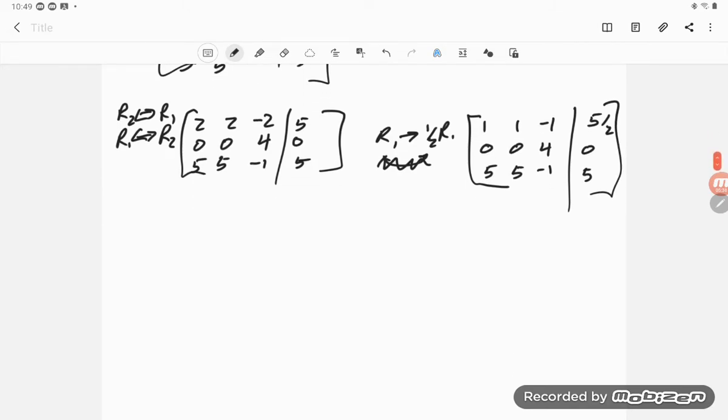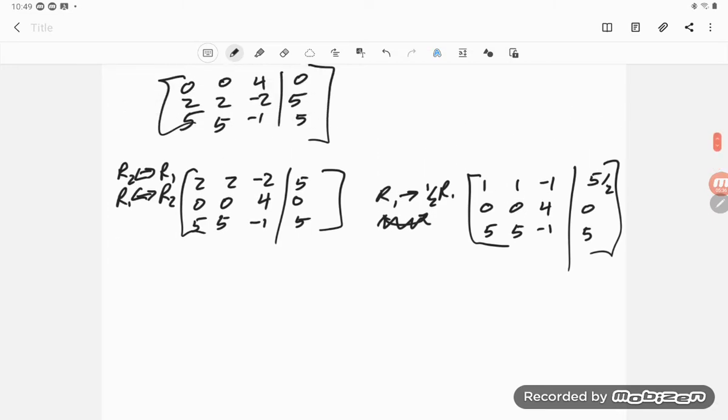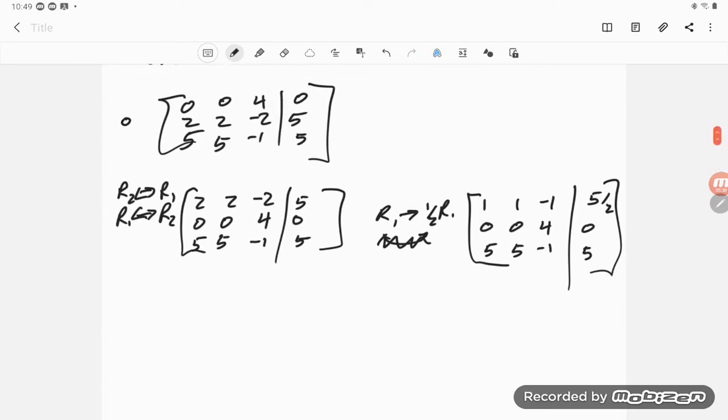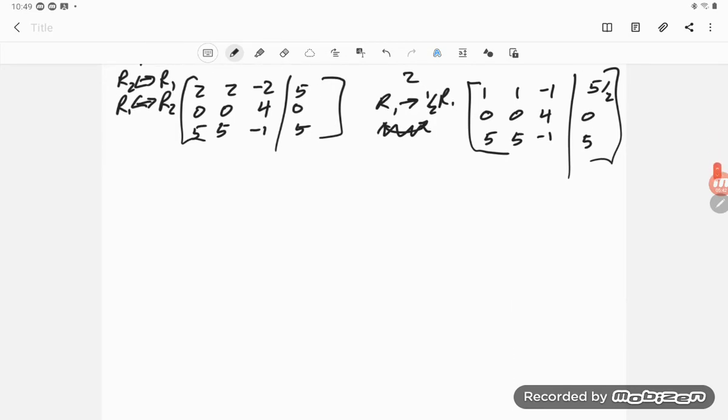Okay, so here's our step 0, here's our step 1, here's our step 2. Step 3 then, well, this is good. We want 1 and then a 0, but we need a 0 down here for that 5.